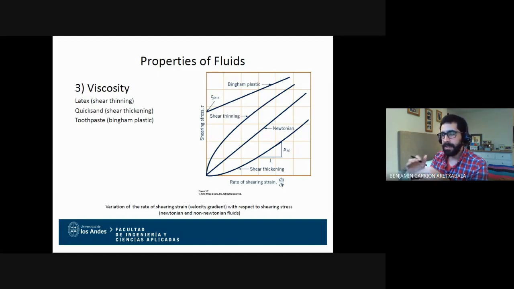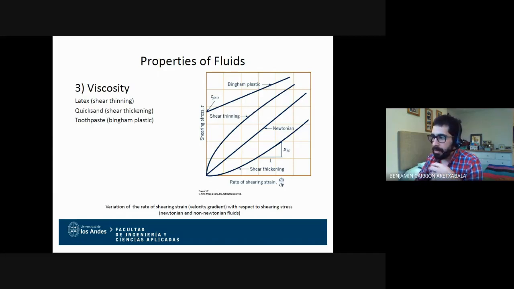In that case, the yield stress is higher, so you need a higher force to make the paste start moving like a fluid. But after you pass this initial yield stress, it behaves just like a Newtonian one, in a linear relationship.